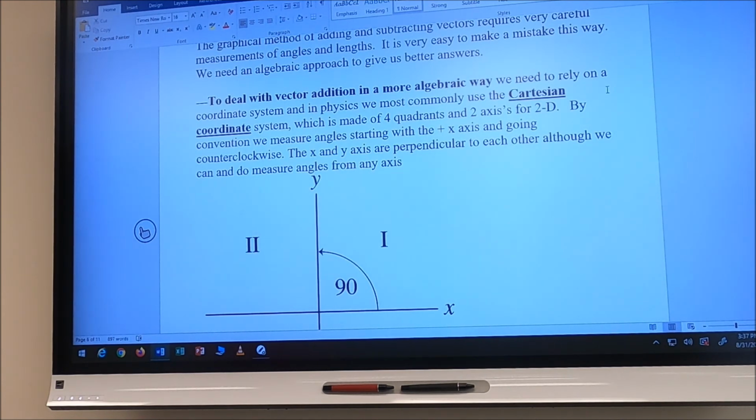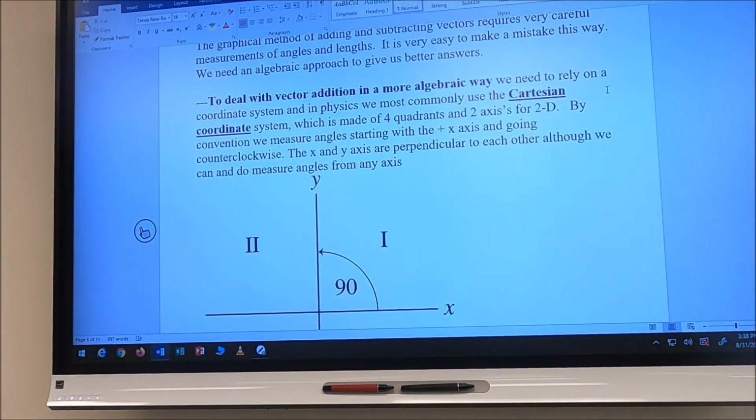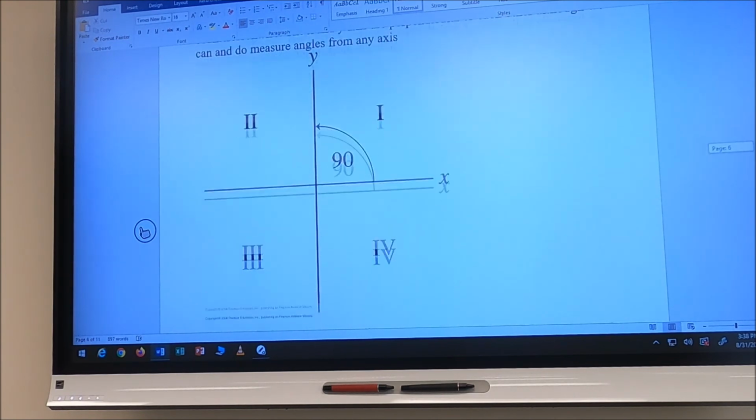By convention, we usually measure angles starting from the plus x-axis. If we were measuring from the y-axis, you'd start with the plus y, but by convention, we usually measure angles from the plus x-axis. The x-axis and the y-axis are always perpendicular to each other. That means that there's 90 degrees between the plus x-axis and the plus y-axis, or the plus y-axis and the minus x-axis. Now, you know from earlier math classes the following about the quadrants.